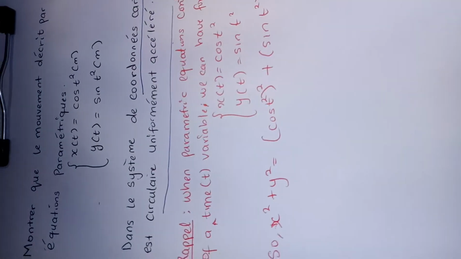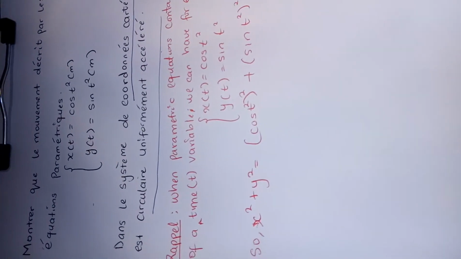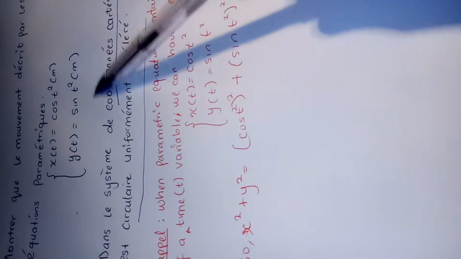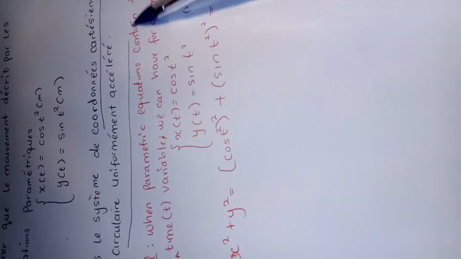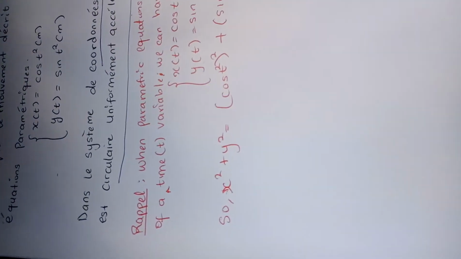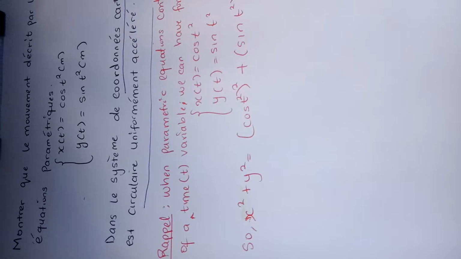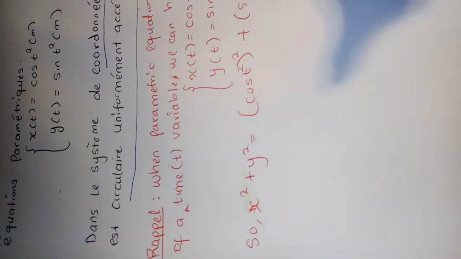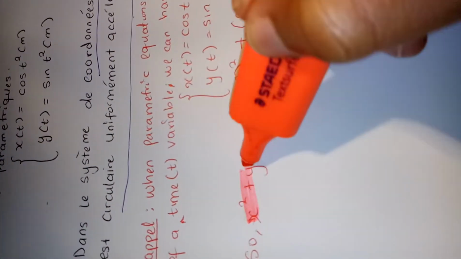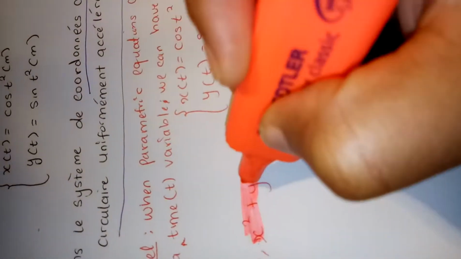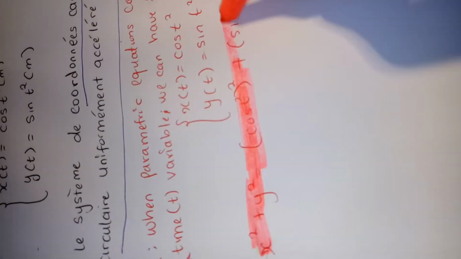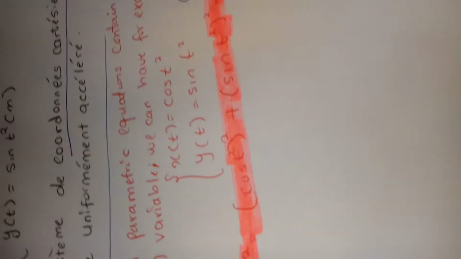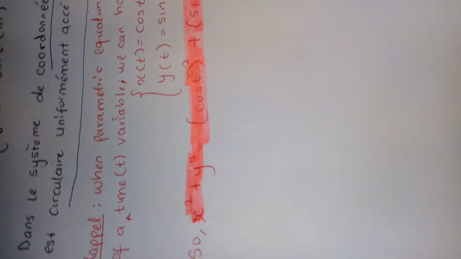So our question: we are asked to prove that the movement described par les équations paramétriques x de t, which we have here, in the system of coordinates. What we can start with: remember from the rappel that x square plus y square is equal to cosinus t au carré plus sinus t au carré equal to 1. Remember this, yes?